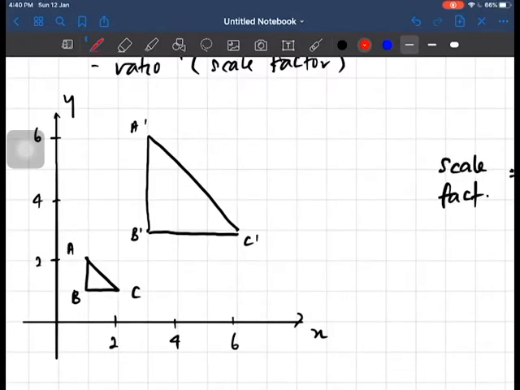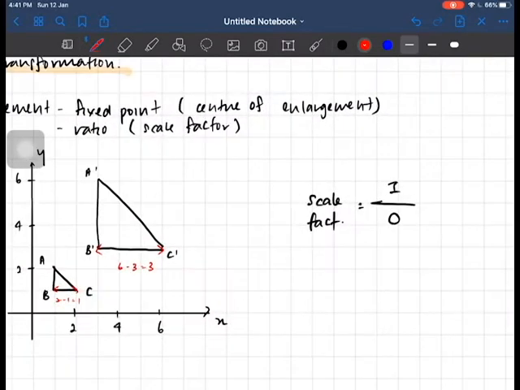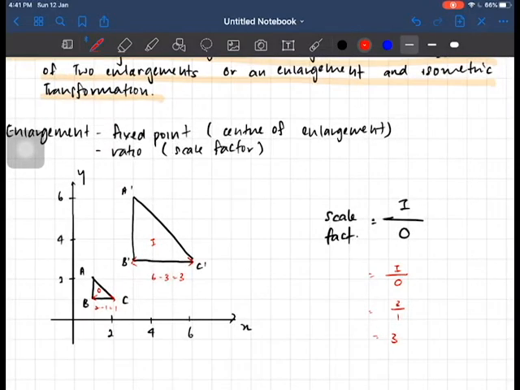So from here to here, it's 6 minus 3, so it's 3, right? And here to here, 2 minus 1, 1. So scale factor can be calculated by image over object. So I'll put 3 and 1, so this is my image, this is my object, and I'll get 3. So this is a scale factor of 3 from the center of enlargement.